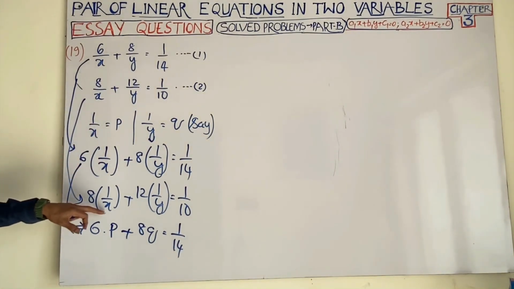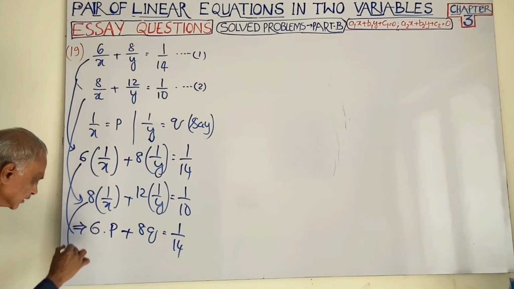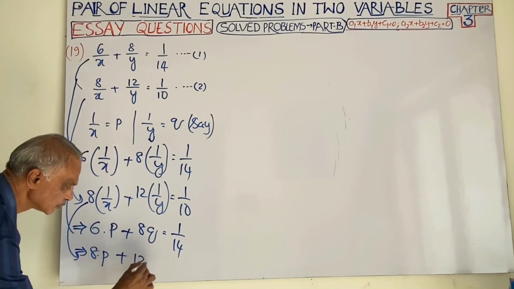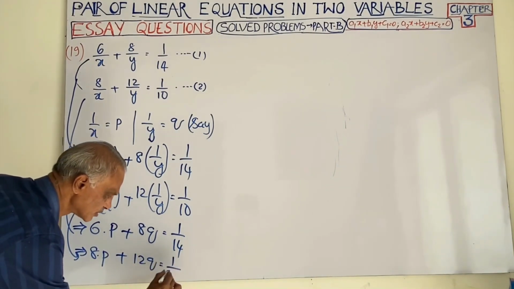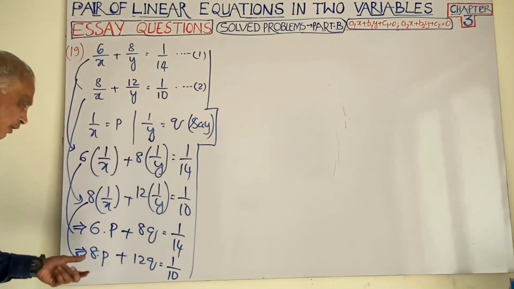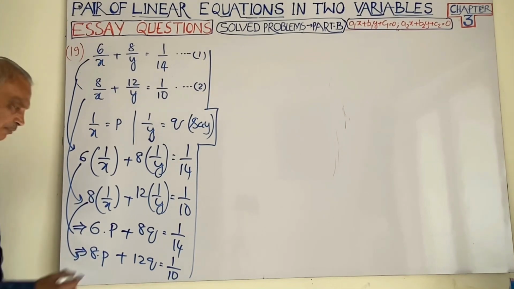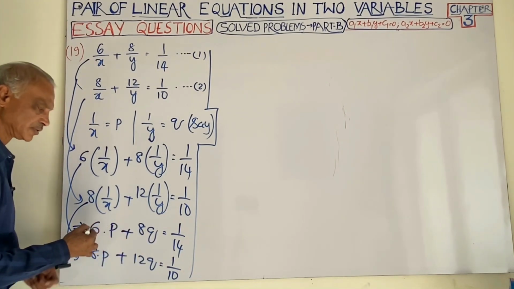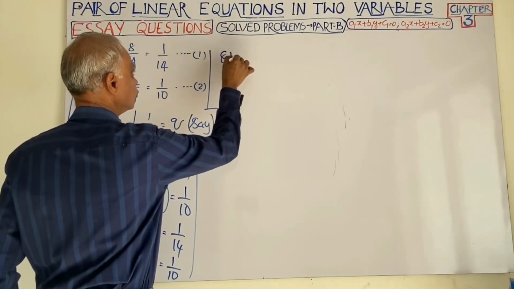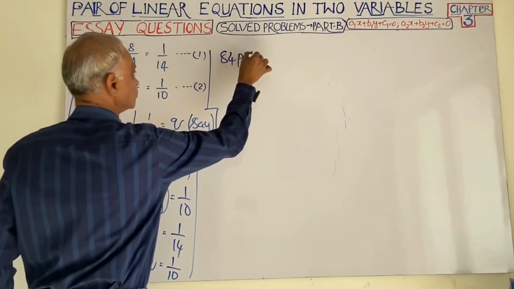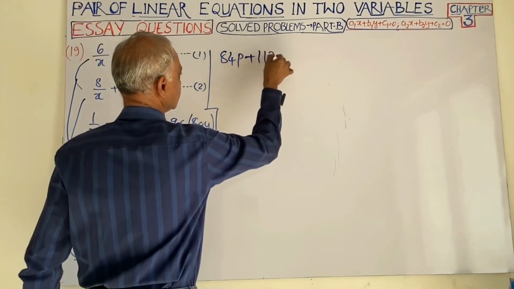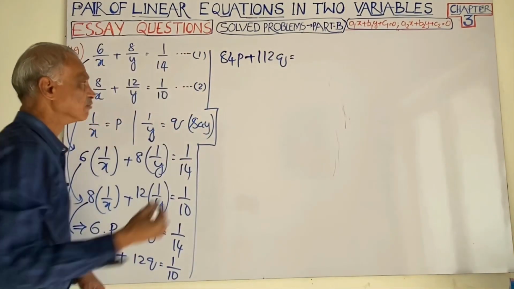Next, 8 into, and also this equation can be written as 8p plus 12q is equal to 1 by 10. Now 6p, you multiply 14 into 6, cross multiplication. 14 6s are 84p plus 14 8s are 112q is equal to 1.